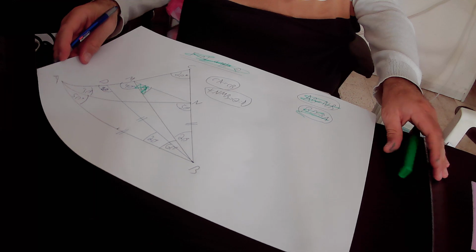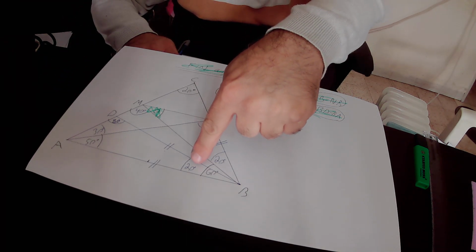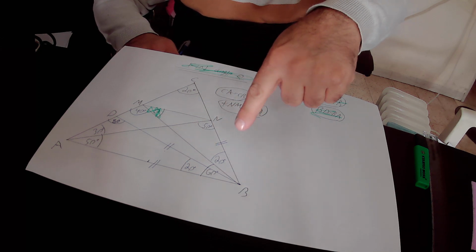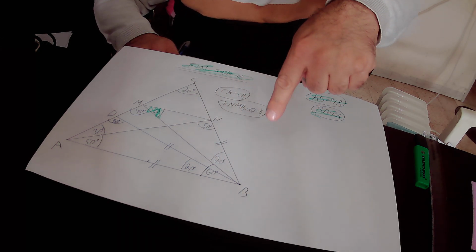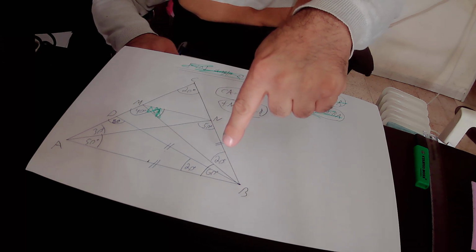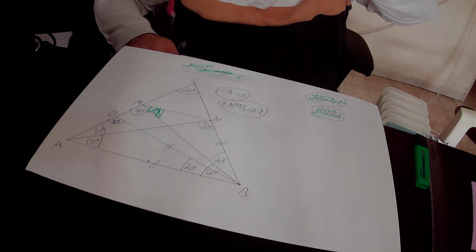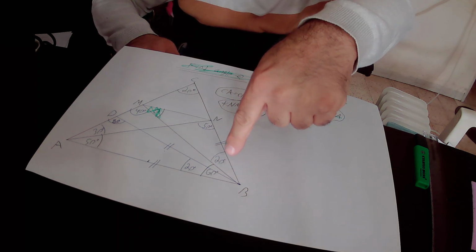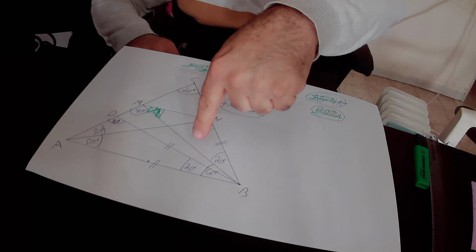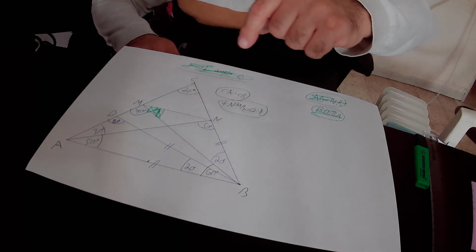So we have here the small angle ABD equals 20 degrees in its size. The big angle is angle ABM that is equal to 60 degrees in its size. So the big angle ABM minus the small angle ABD must be equal to the missing angle MBD.